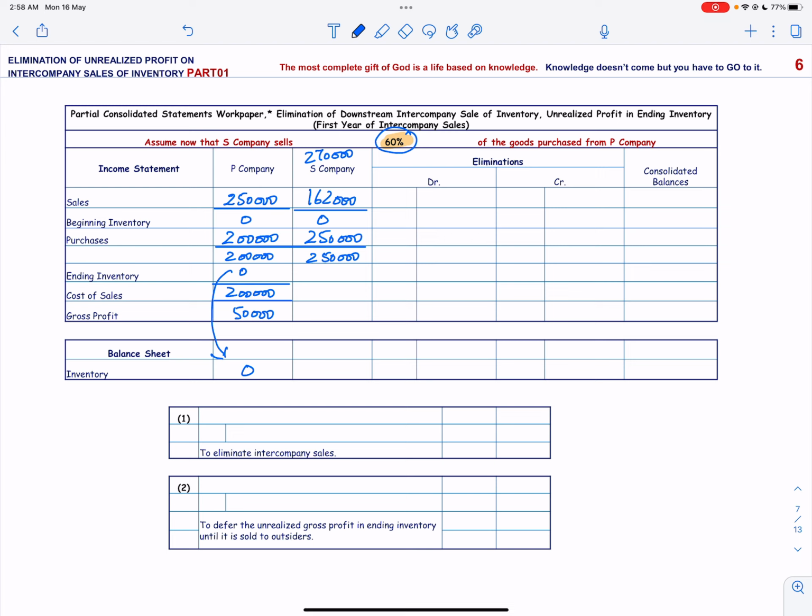Now the subsidiary is selling 60%, that means 40% of 250,000 is still there in the ending inventory, that will be 100,000. The cost of sales will be 150,000 and the gross profit will be 12,000.